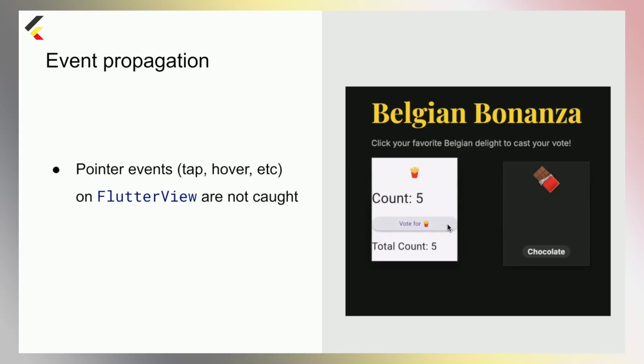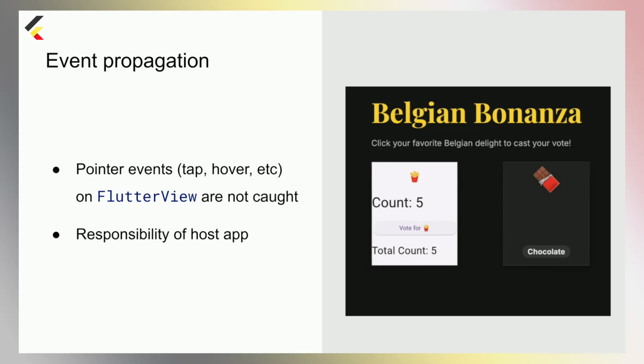So all pointer events, whether it's taps or hovers or whatever, are not specifically caught. It remains the responsibility of the host app to deal with that. So it could be used to your advantage, but it could also happen that some unexpected behavior might occur.